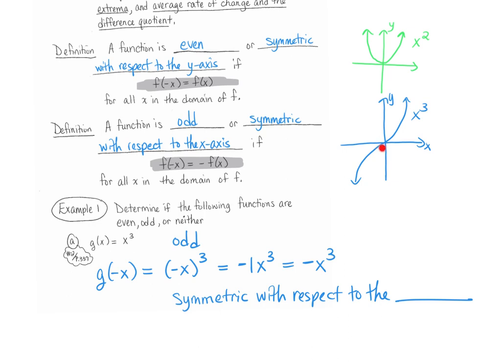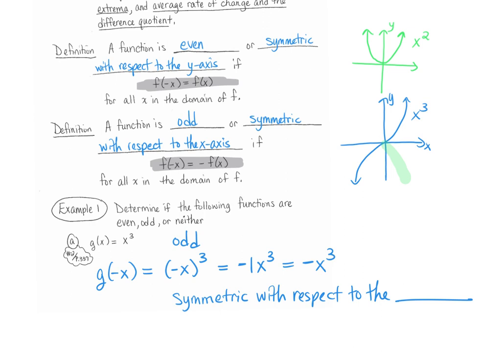No. Because if it were symmetric with respect to the x-axis, what would it look like? It would look like the first quadrant and the fourth quadrant. It would look like a mirror, like you take this and flip it over. But it doesn't look like that.